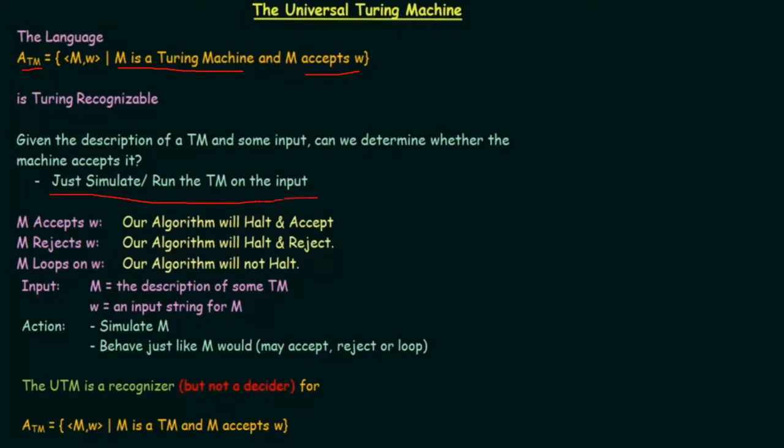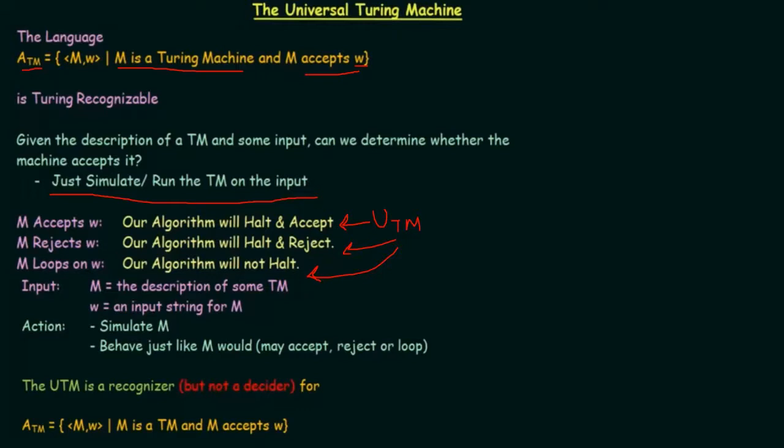So the universal Turing machine, let's say it is UTM. What is it going to do? It is going to take this same string W, and it is going to either accept and halt, or reject and halt, or not halt and go into the infinite loop. Now what is the concept behind this?